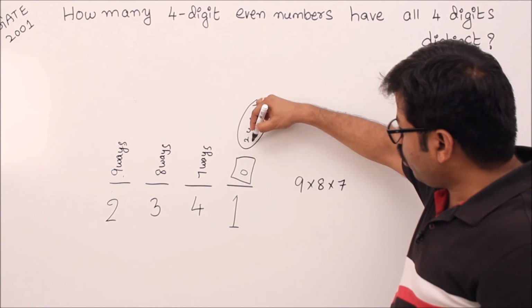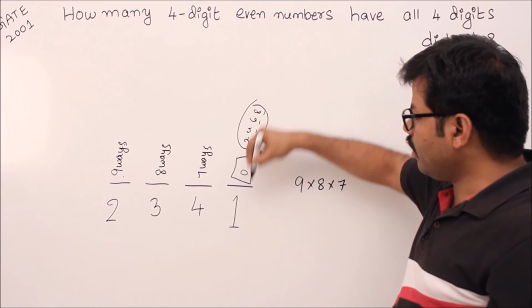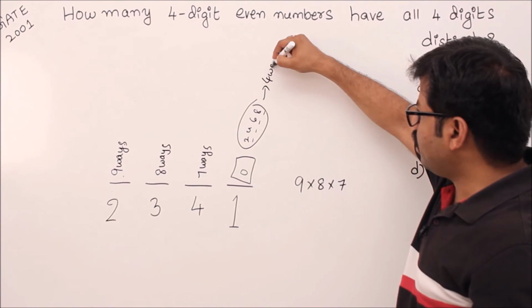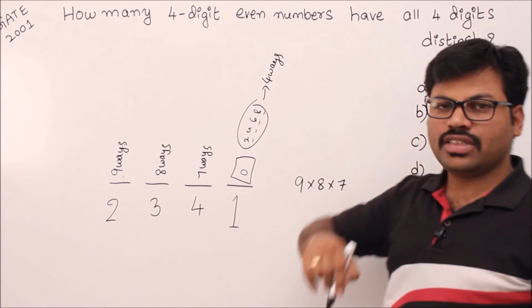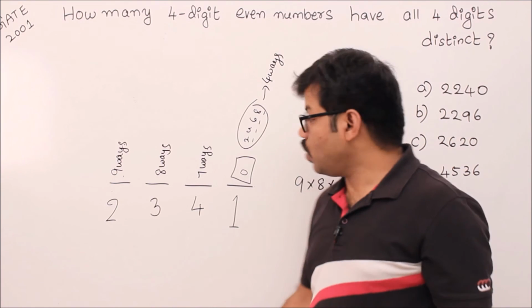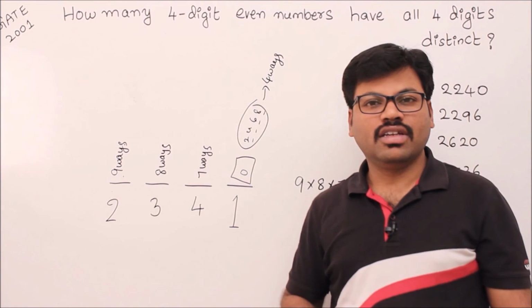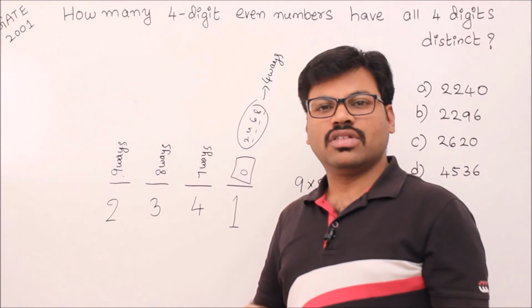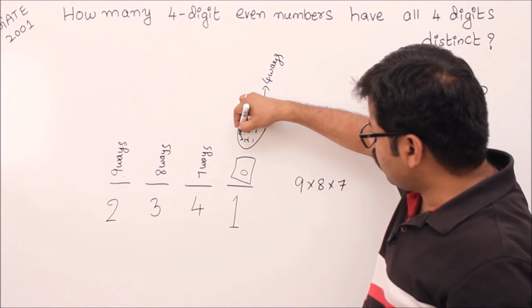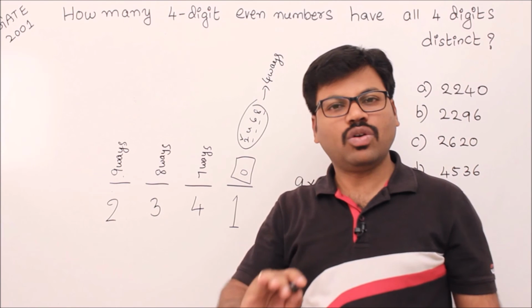Case number 2 where you are filling 2 or 4 or 6 or 8 in the last position. Then there are 4 ways to do that, correct? If you do that in 4 ways, now how many ways can you fill the first position? Since 0 cannot be used and this digit also cannot be used. For example, if you use 2 here, then 2 cannot be used, 0 cannot be used.